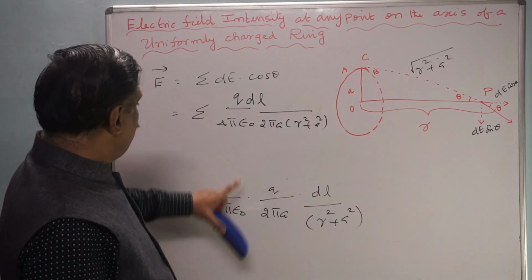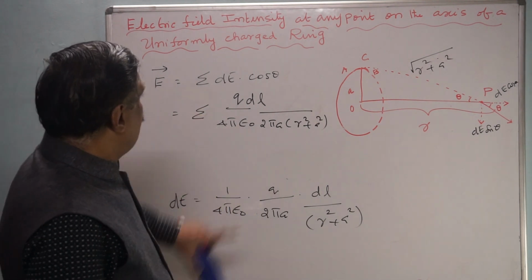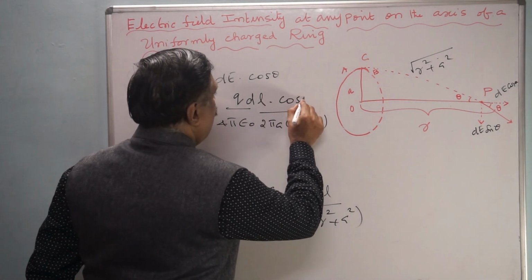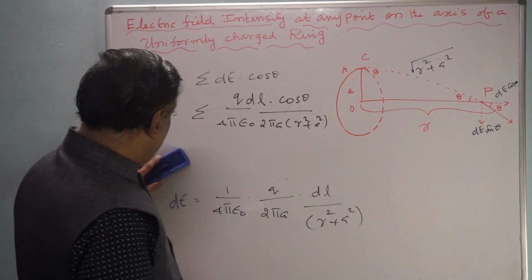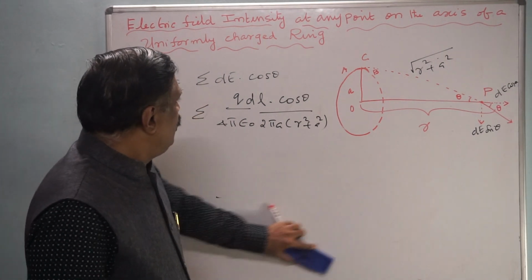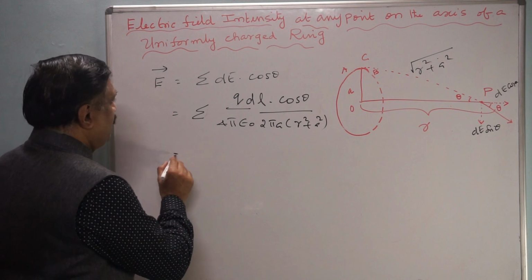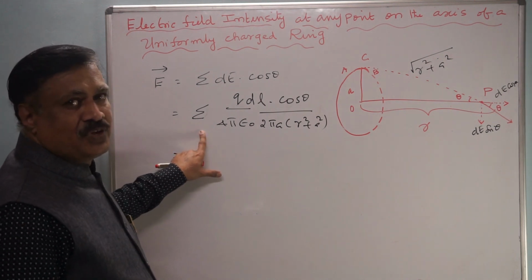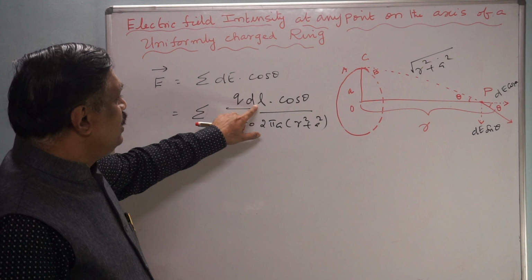I have substituted for this, and you have to put for cos theta also. Now what you have to do? You have to make a summation, sigma. Summation for which one? dl.